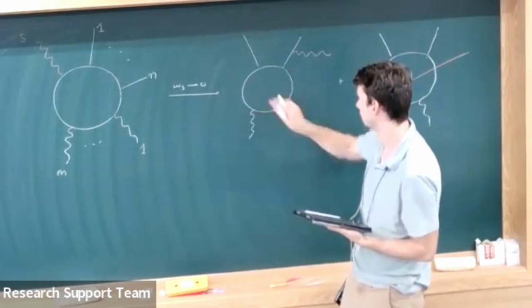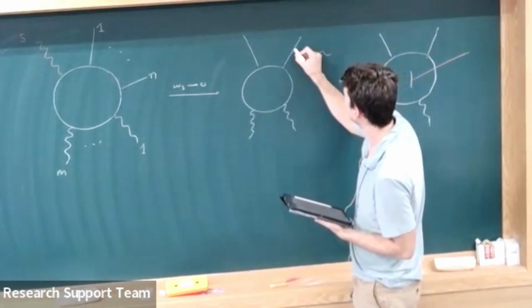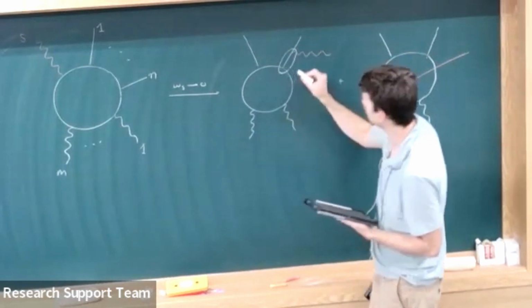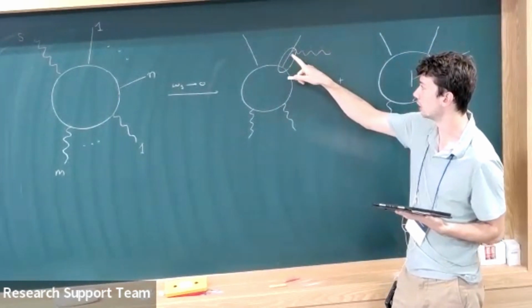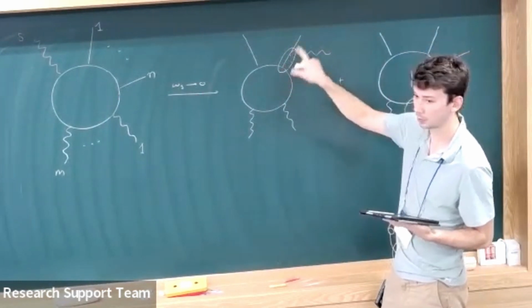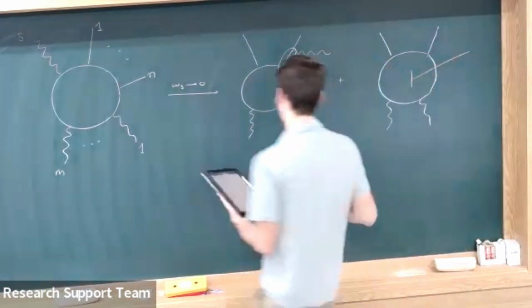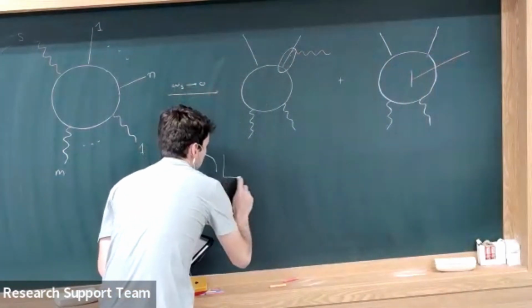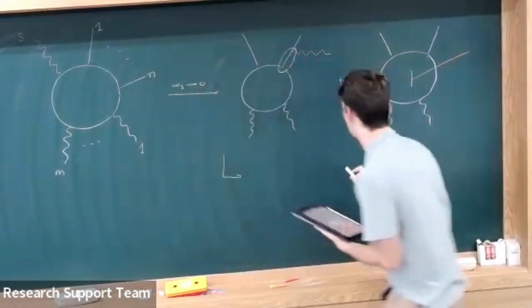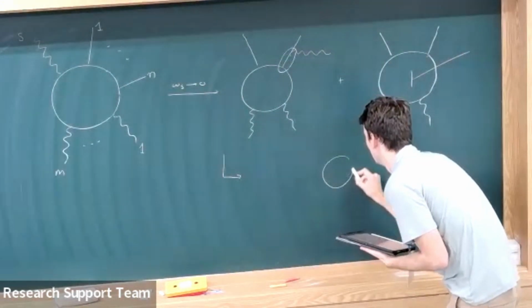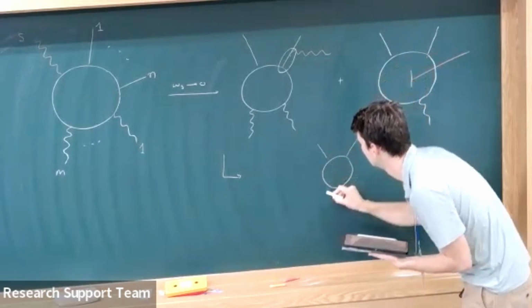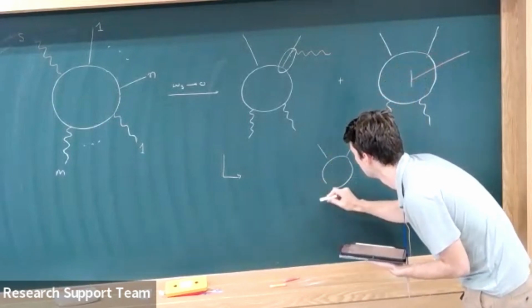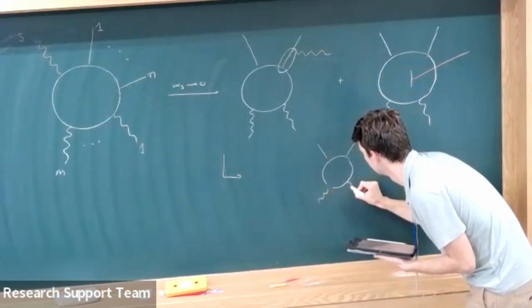The first contribution here can be found by looking at the interaction term between the photon and the charged scalar, as well as this propagator here. So the idea is that this Feynman diagram is equal to the Feynman diagram without this external line times some prefactor.